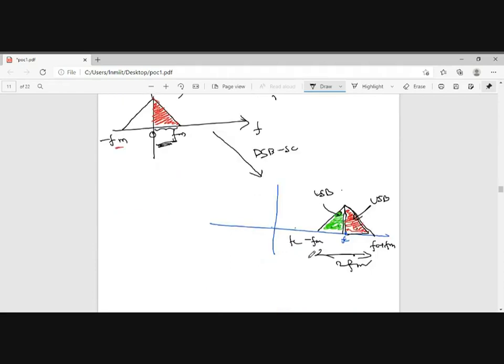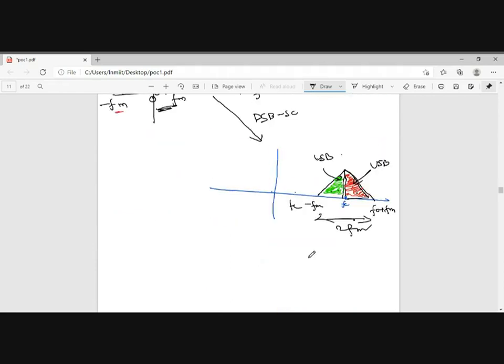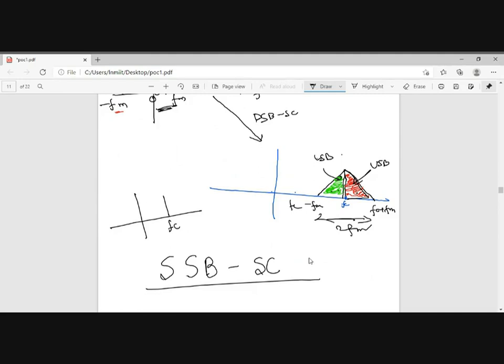So to solve this, we went to a technology or technique known as single side band with suppressed carrier. So now we are only concerned about the single side band. If this is FC, I only want this, or if this is FC, I only want this.